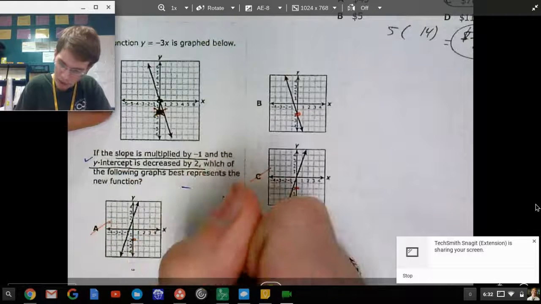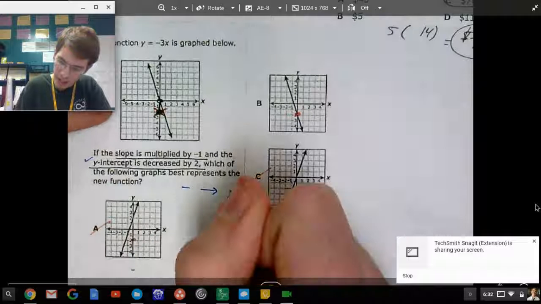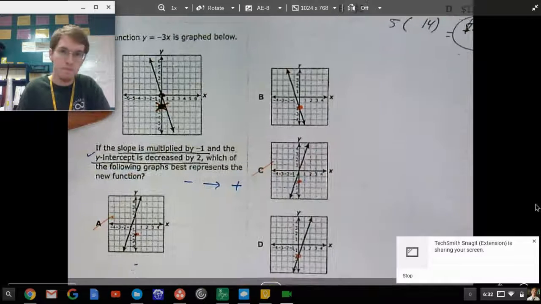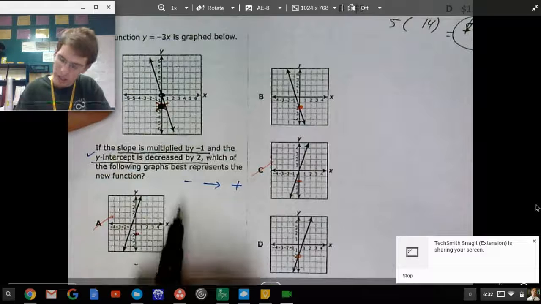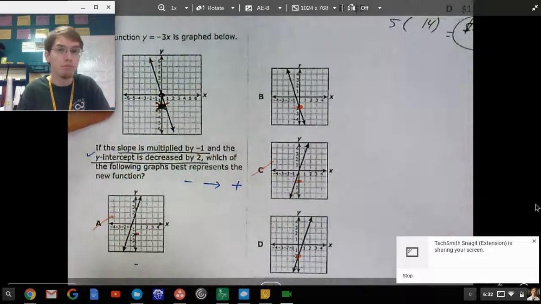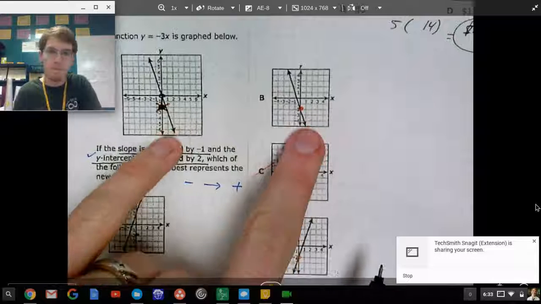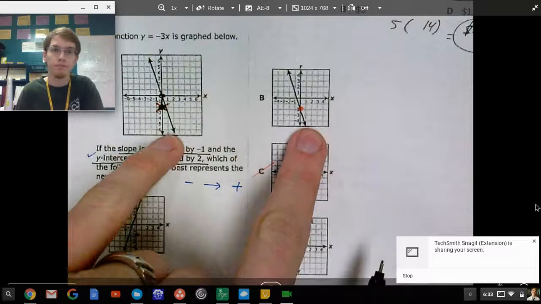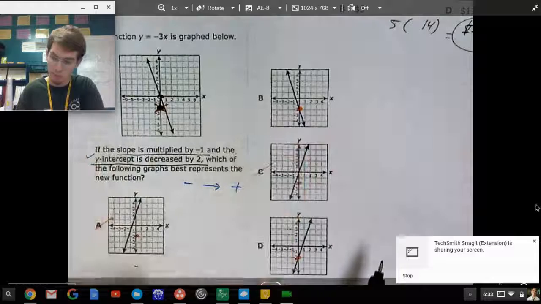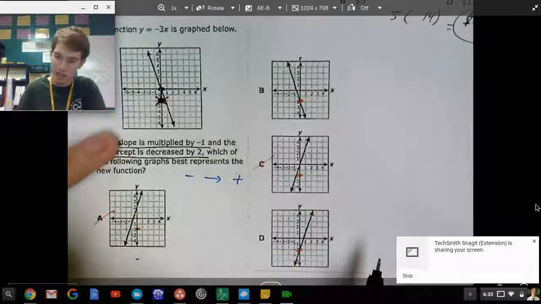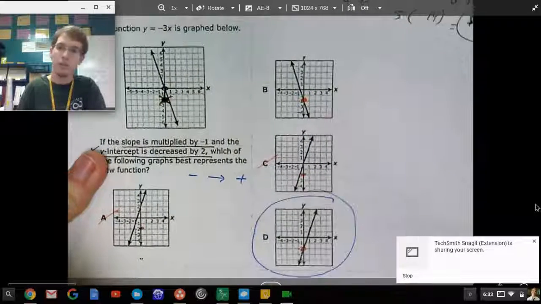A negative slope, if we multiply that negative by a negative, we get a positive slope, right? So we should be looking for a reflection. So does that look like a reflection? Nope. How about this one? Bingo. There we are.